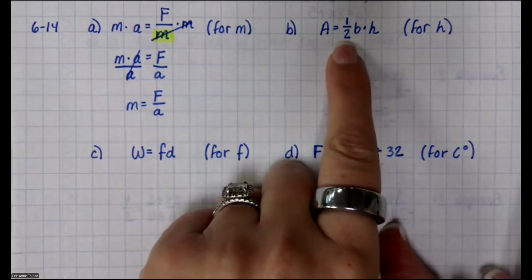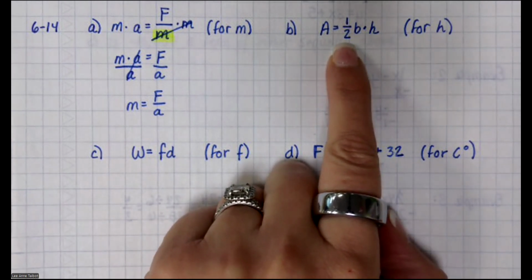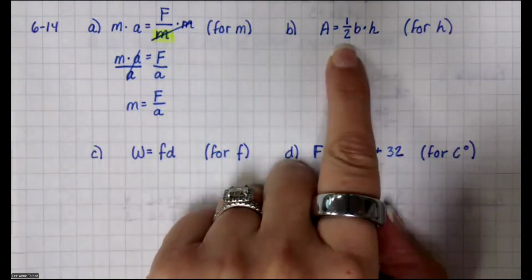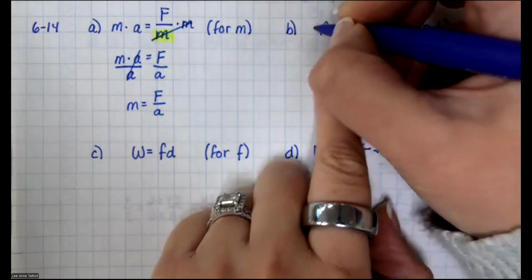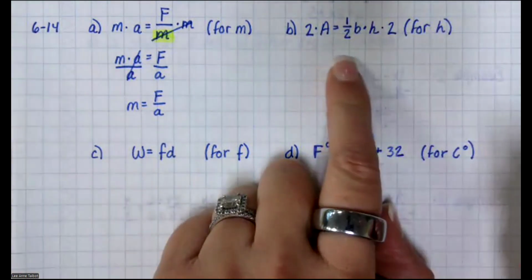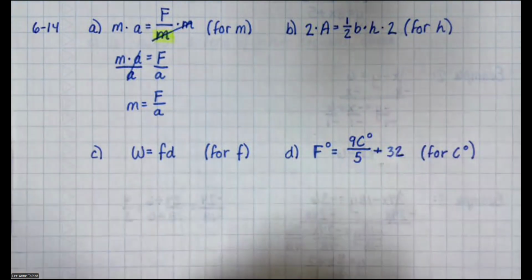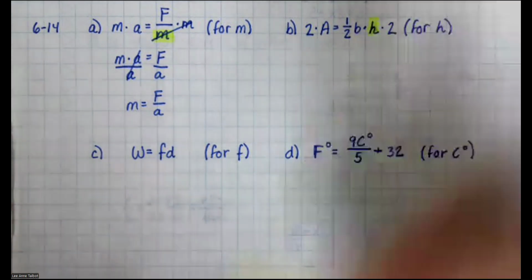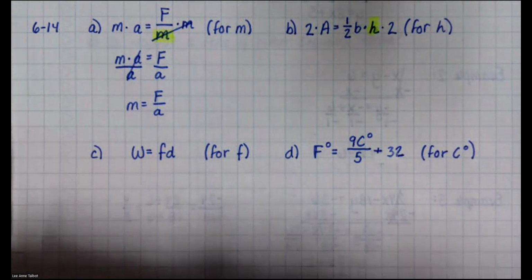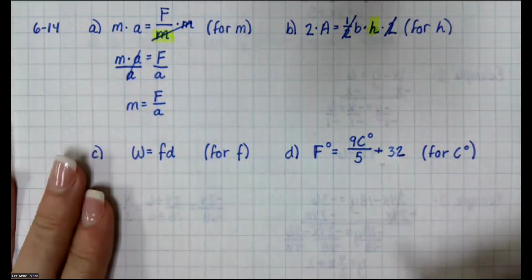Okay, we're going to start with the half. What operation is a fraction? Division. How do we undo division? Multiplication. And you multiply by the bottom. Okay, now on this side, the half and 2 cancel.